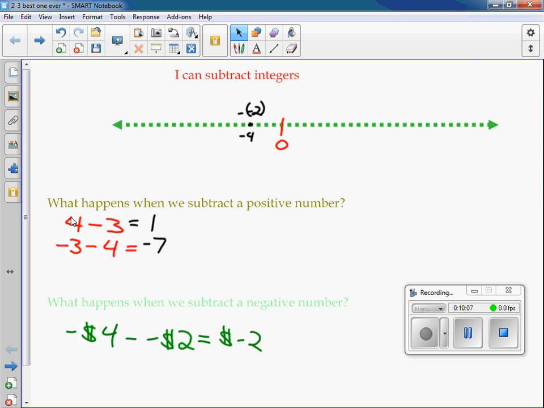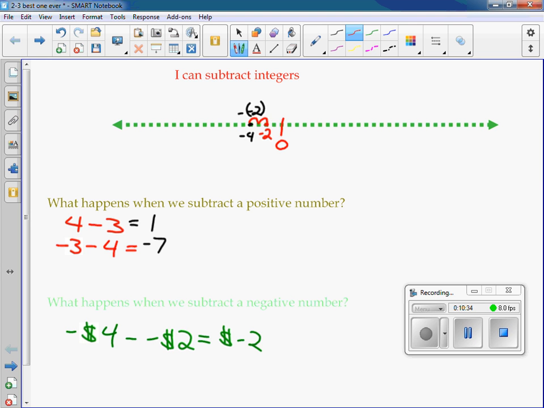We would then move 2 to the right, 1, 2, and we'd be at negative 2. Does that make sense? Okay. So now we could say subtracting a negative is almost like what? Adding a positive, isn't it? And we'll talk more about that in a little bit.